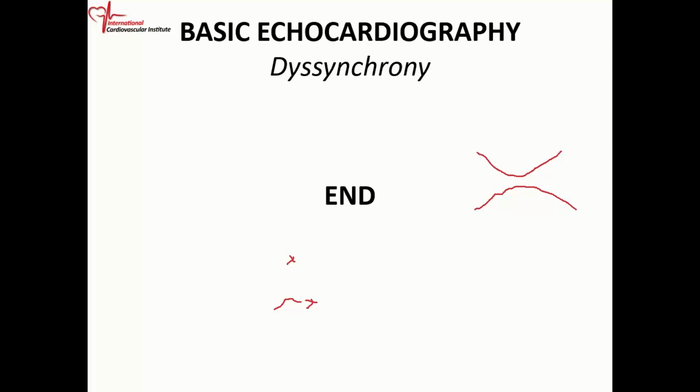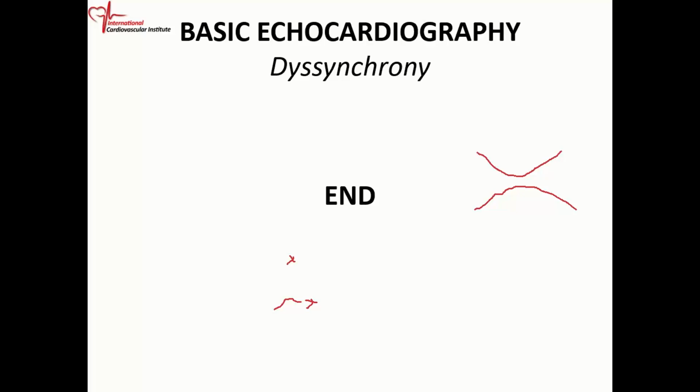For the mere fact that if your ejection fraction is less than 35%, more than likely the patient has dyssynchrony. You can use the M mode, you can use the velocity strain. You can use those velocities to show that there's dyssynchrony. There's a difference in contraction in the different parts of the heart. The contraction is supposed to be coordinated.